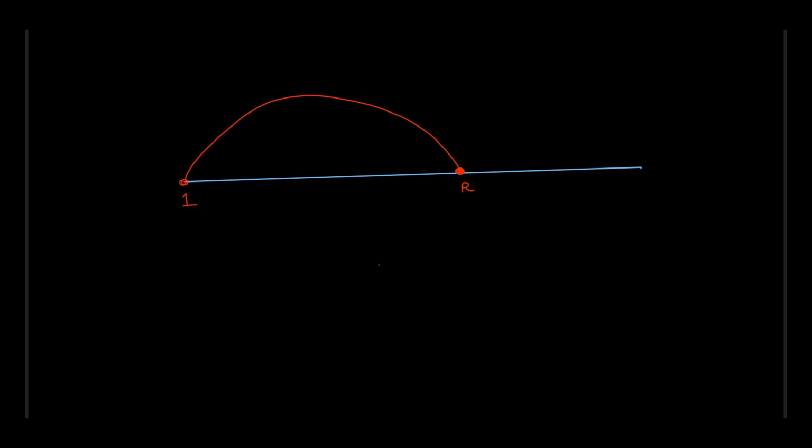When you introduce a new edge, that new edge can be of three different types. It can either be a backward edge, so assume that it starts from here and then goes in the opposite direction.